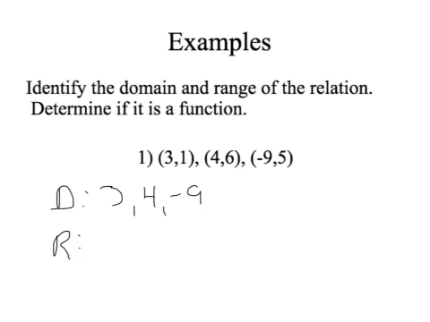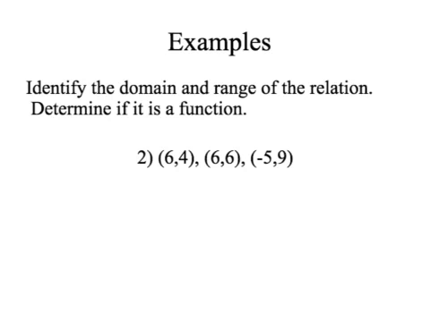And our y's would be, or our ranges would be the y values, which are 1, 6, and 5. So if we look at our domains, or our x's, none of the x's repeat, which means they all go to just one y value. 3 only goes to 1, 4 only goes to 6, negative 9 only goes to 5. That means it is a function.